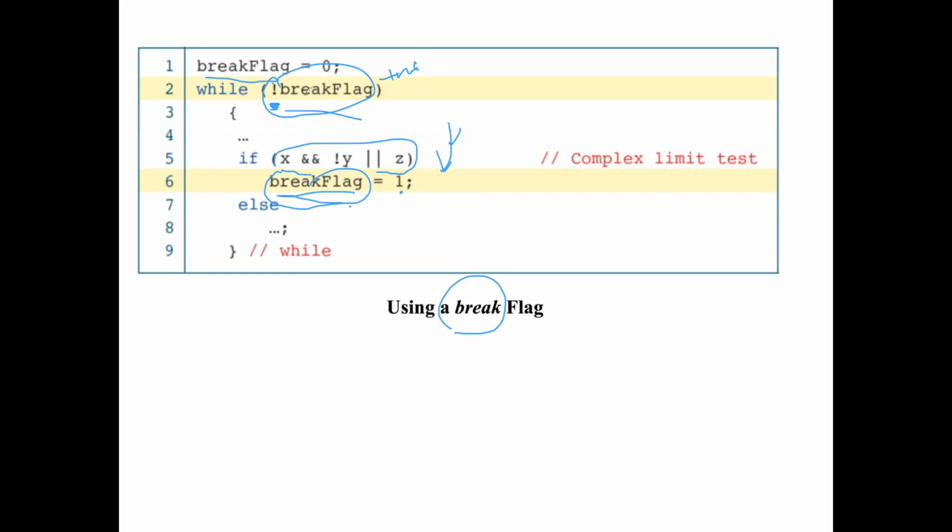In this case, while false, your entire loop exits basically at this point. So this is another example of not using a break keyword, but simply using a flag that you can toggle on and off to accommodate this complex limit test. So this is another way of exiting your infinite while loop.